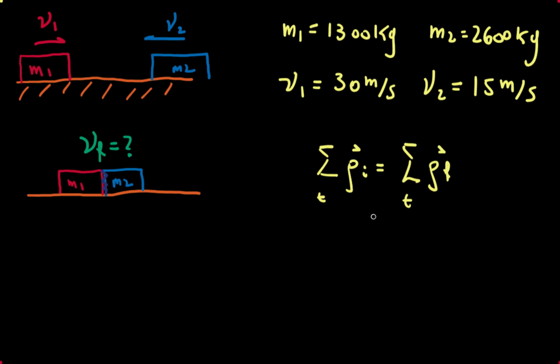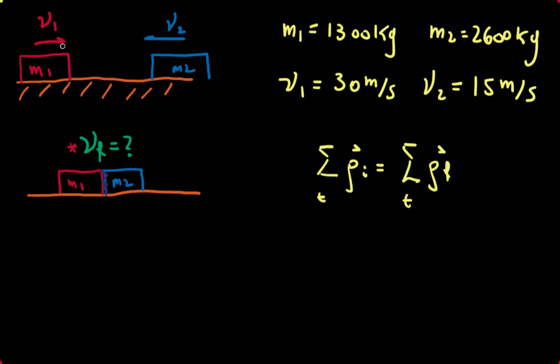If you like to use this as an example, I would now stop the video and try to figure this out. See if you can figure out this velocity final here. Okay, so you hopefully took a shot at it. Let me quickly go through it.